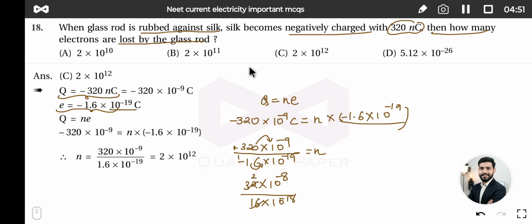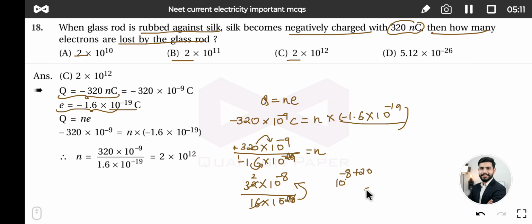So we get 2, and if we check the power, taking this minus 18 to the numerator, it becomes 10 raised to minus 8 plus 18, which is nothing but 10 raised to plus 10. So 2 into 10 raised to plus 10. The correct answer is option number C.